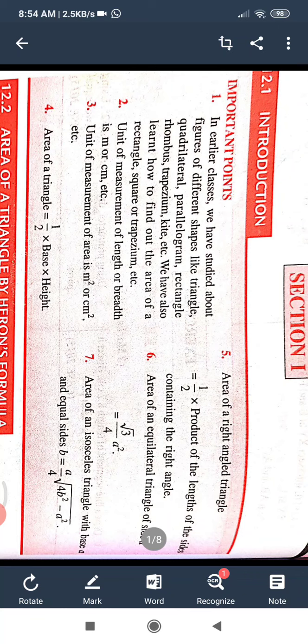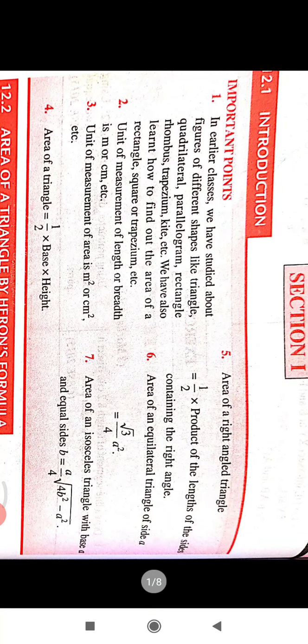In earlier classes, we have studied different shapes like triangles, quadrilaterals, parallelogram, rectangle, rhombus, trapezium, kite, etc. We have also learned how to find the area of a rectangle, square, trapezium, etc. The unit of measurement of length or breadth is meter or centimeter.